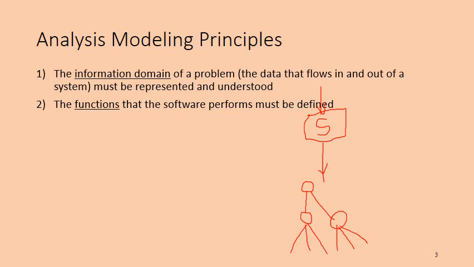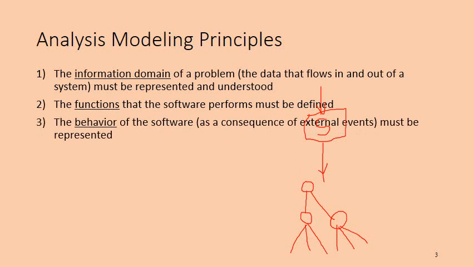Third is the behavior of the software, right? The behavior of the software must be represented. So all the three points are covered: information, function and behavior. The behavior of any computer system is driven by its interaction with the external environment.